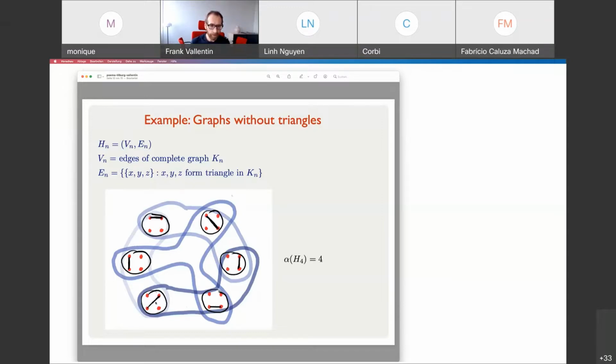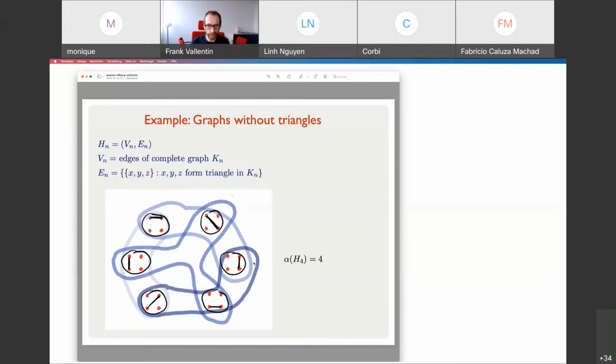Therefore, for example, this edge and this edge, you have a hyperedge containing both, but then if you take this one, it's not there anymore. Okay, and then you can convince yourself in a few seconds, basically, once you understand this picture, that the independence number of this hypergraph is equal to 4.